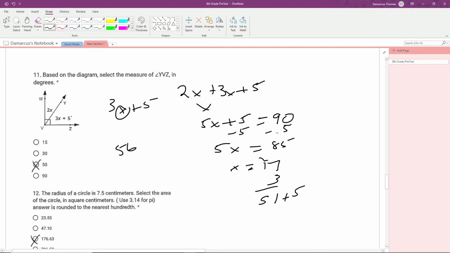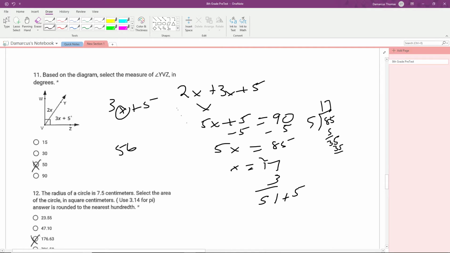So we subtract 5, get 85, divide both sides by 5. 85 divided by 5 is 17. Okay, 17 times 5 is definitely going to be 85. And 5 times 10 is 50, and 5 times 7 is 35. 50 and 35 is 85. So we get 17 for x.